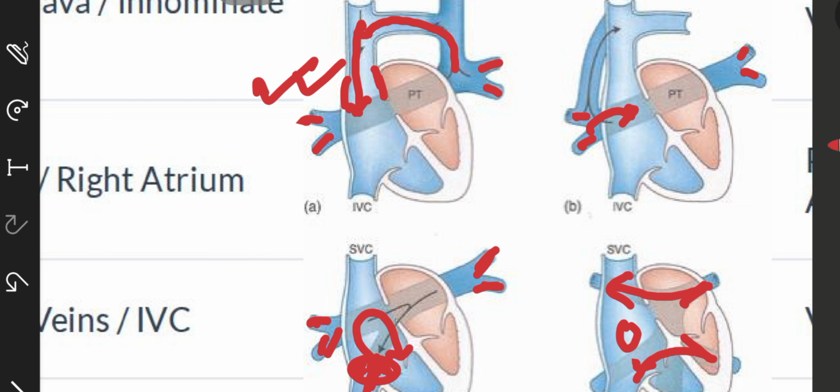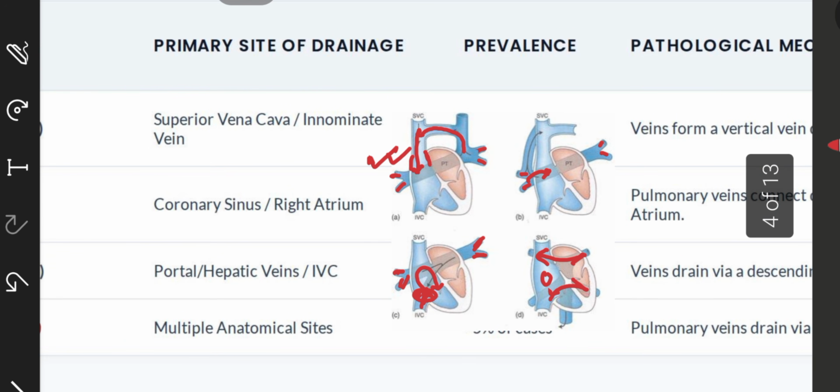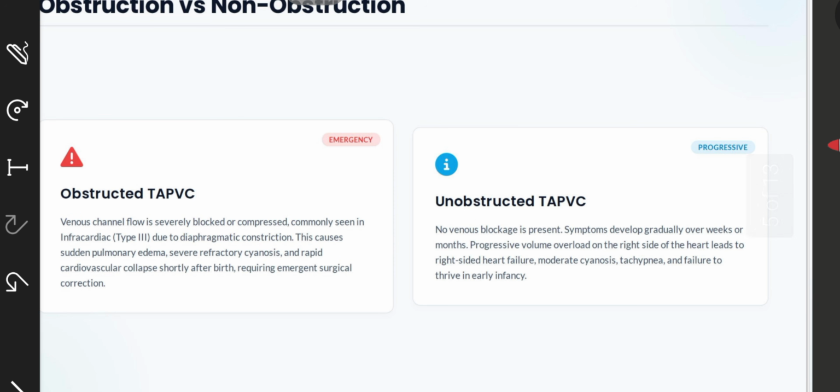So infracardiac is mostly obstructive type, and supracardiac is mostly non-obstructive type. So the clinical features are different in obstructive type and non-obstructive type. Why? I will discuss in my next slide. So this is obstructive type and this is non-obstructive type.